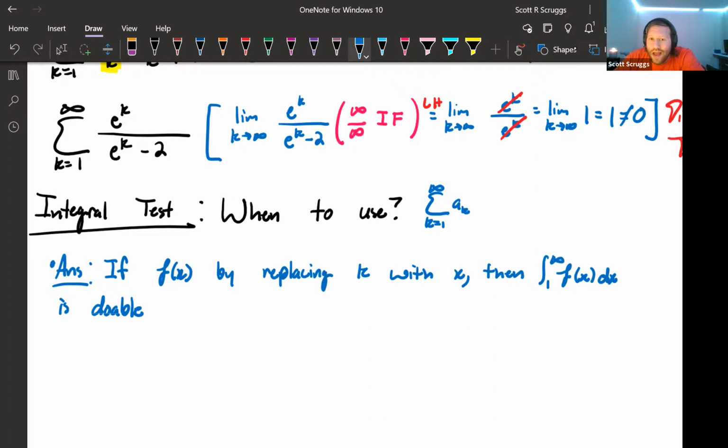Then I will think about maybe using the integral test to check the convergence or divergence of a series.